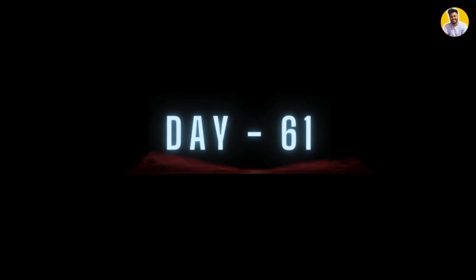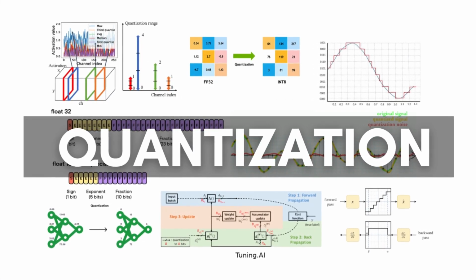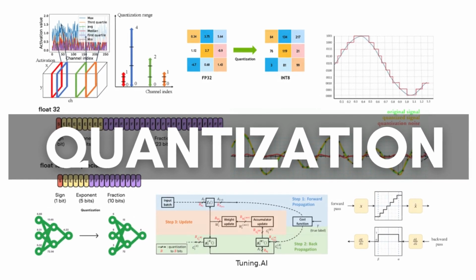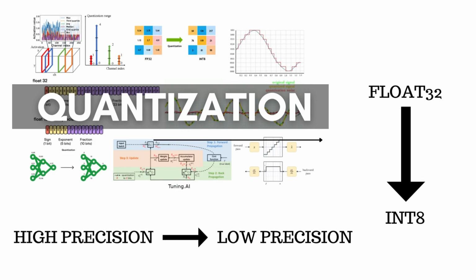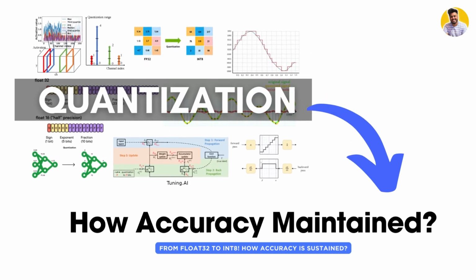This is day 61, and in our last video I told you all about quantization and how it works, and how we can represent high precision values as low precision values by using a mathematical formula. But some questions remain. The very first question is how to recover the accuracy while doing the quantization.